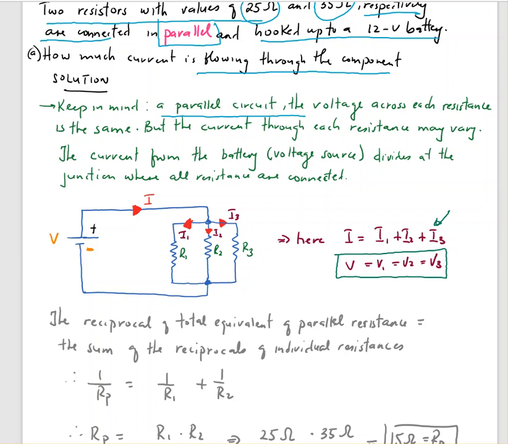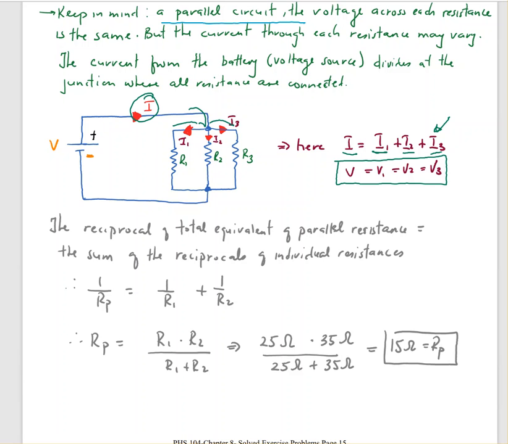Here, your current is not the same. The source of this current splits up as it goes through each segment of the circuitry. So I is a summation of I1, I2, and I3.